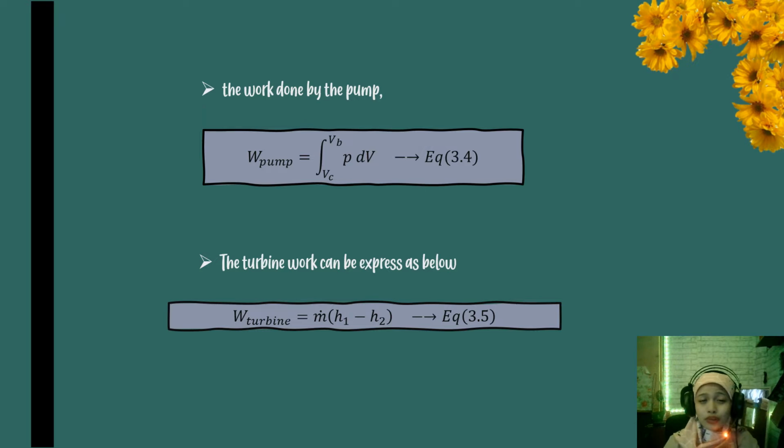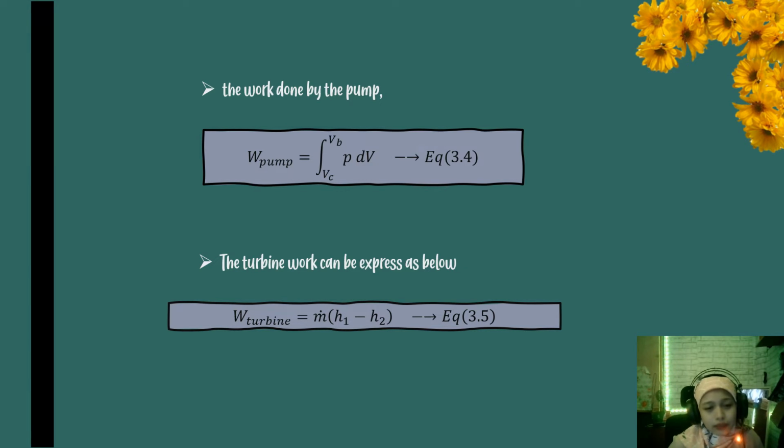In order to use all the formulas that I have mentioned before, we need to find the work done by the pump first. The work done by the pump is equal to the integral of pressure of water with respect to the volume before compression, VB, minus the volume after compression, VC.